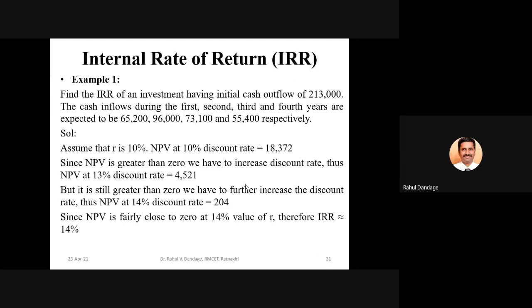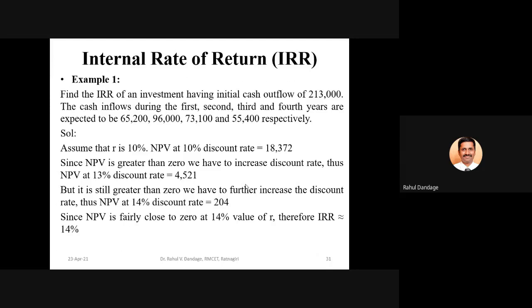What we are supposed to calculate is the IRR, which means we have to check for which rate of interest the net present value comes out to be 0 with this investment of 2,13,000 and 65,200, 96,000, 73,100 and 55,400 as the net cash inflows for the first, second, third and fourth year.